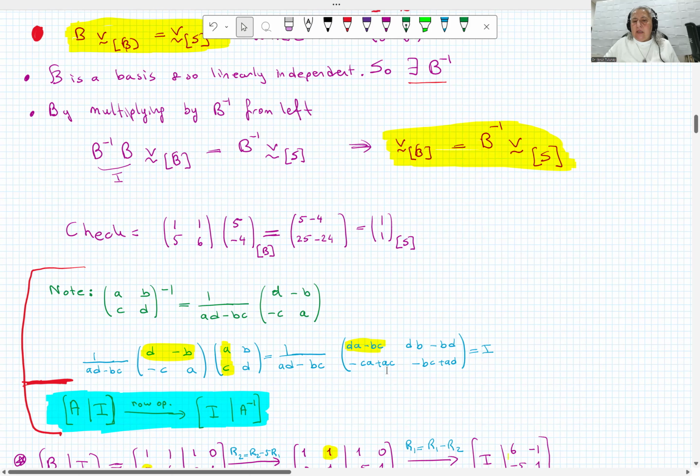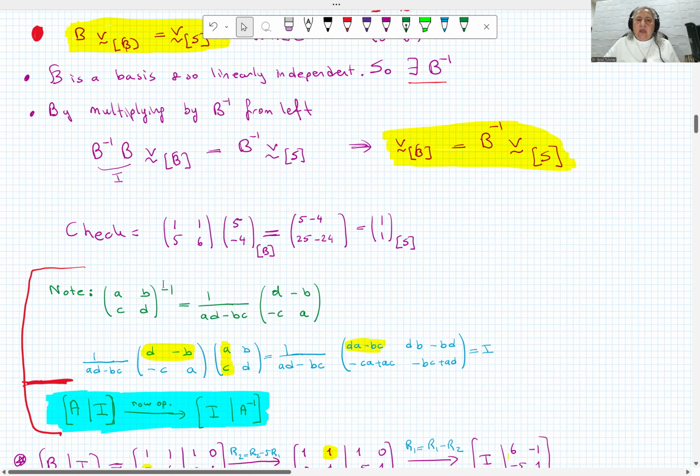CA plus AC, that will give you 0. Minus CB, that is minus BC, plus AD, that's AD. So dividing this number by this will give you 1. So it will give you identity. As you know, identity has 1, 1 on the diagonal, and 0, 0 here.